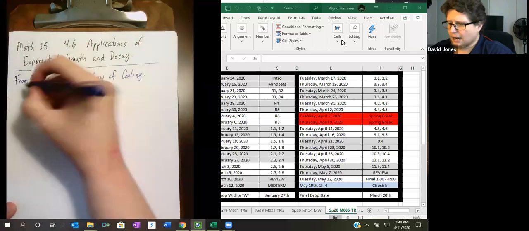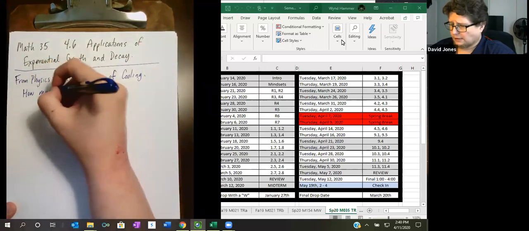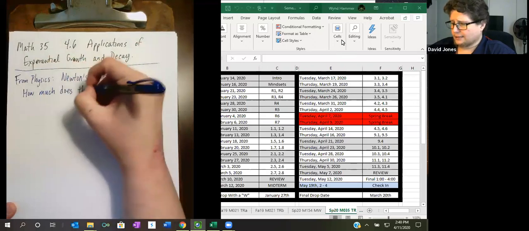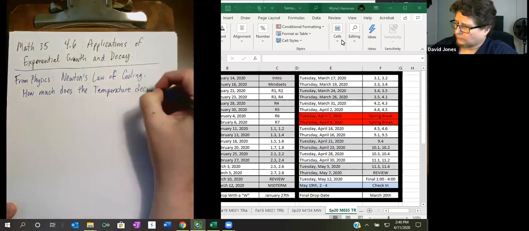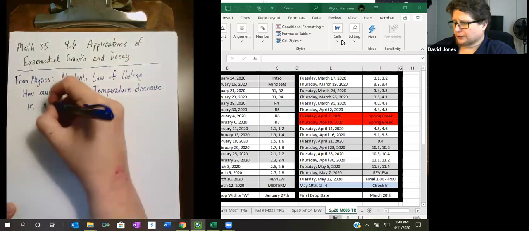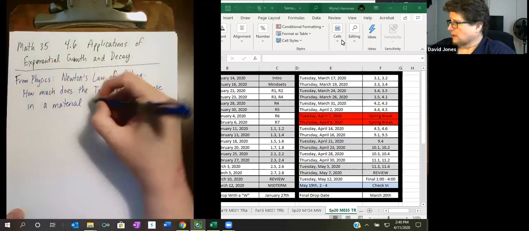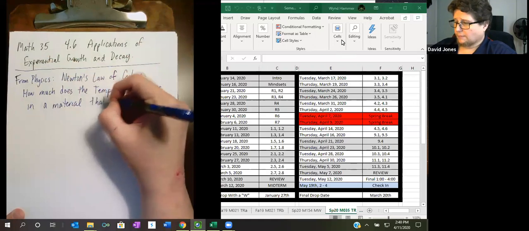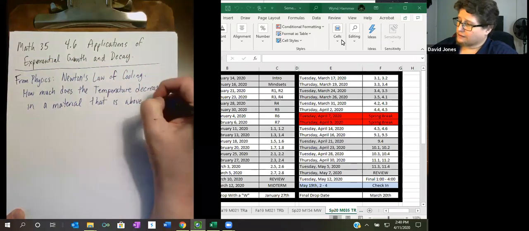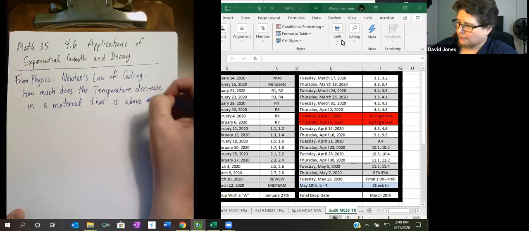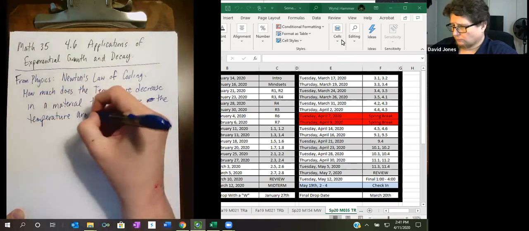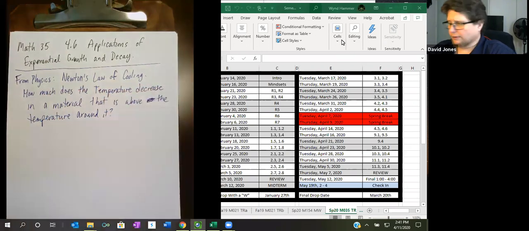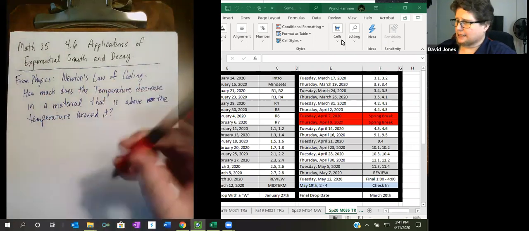This is how much the temperature decreases in a material that is above room temperature, or above the temperature around it. Generally, we're assuming something like room temperature. Temperature goes with T.